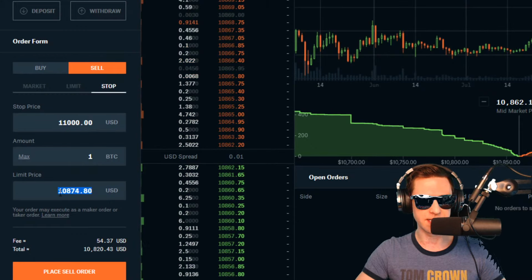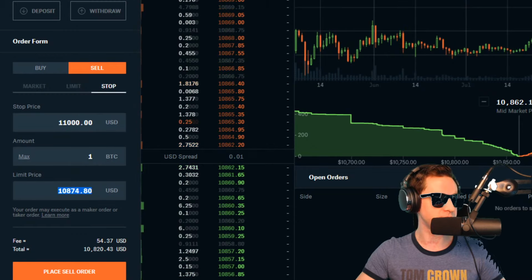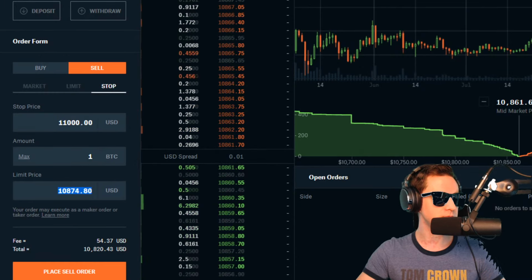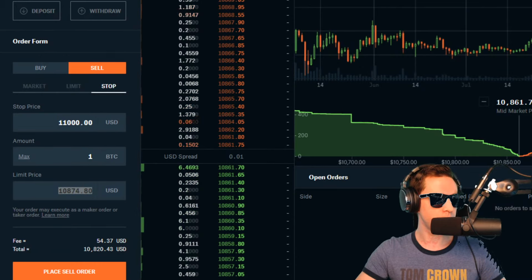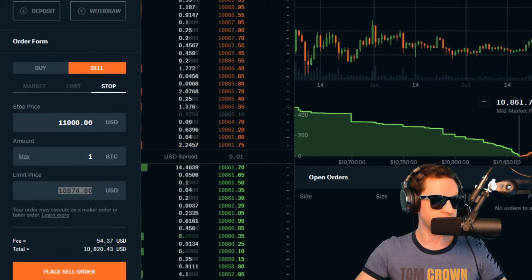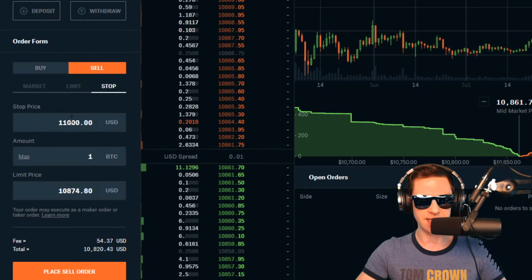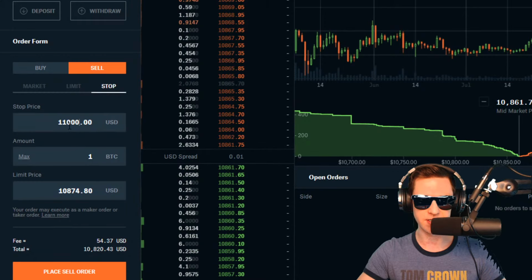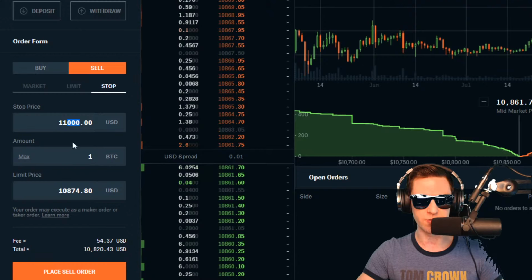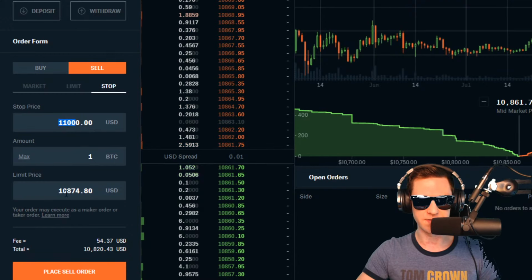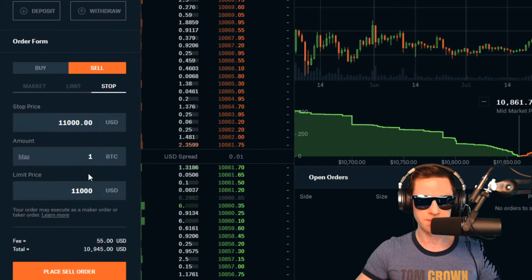Then we need to set a limit price. The limit price is where it's going to attempt to set an order once the stop price is reached. So we're at 10,800. If it goes to 11,000, I think it's going to go up more. So I set a stop price of 11,000, and I can put the limit price at 11,000 as well.